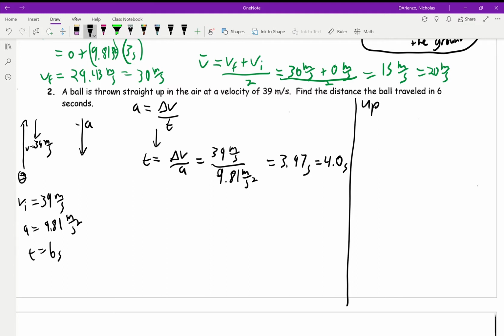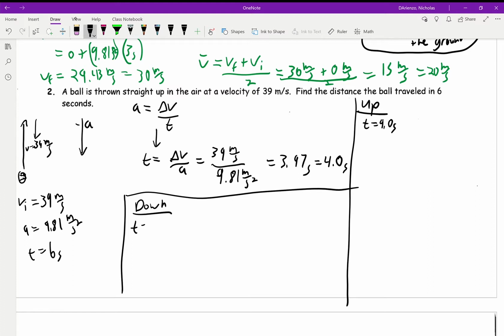As it goes up, the time it's going to take is about 4 seconds of that 6 seconds. I'll do the other one over here. It's then going to fall down. If the total time the ball is traveling is 6 seconds, time falling down is going to be 2 seconds.